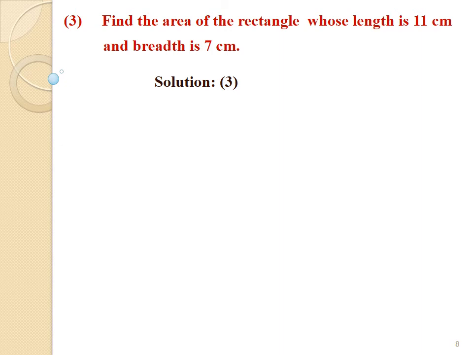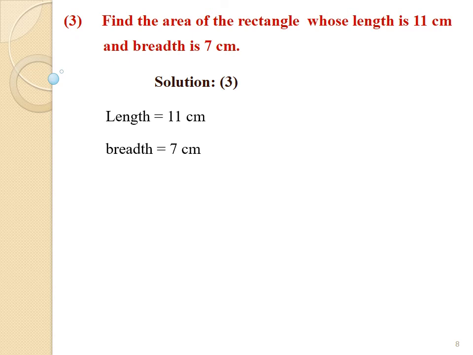So, let us find out the area of a rectangle using formula. First of all, writing the length and breadth given to us. Length is given 11 centimeters. Breadth is given 7 centimeters.